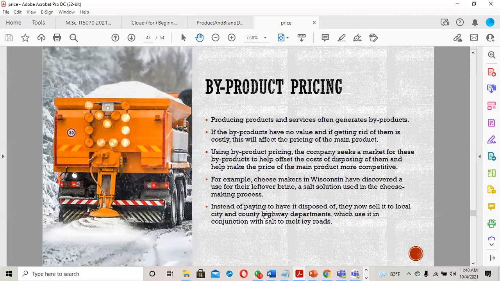Okay, so here they are describing the cheese making process where they produce some brine, so they can just give this brine to the city, county, highway department so that they can use it to melt the snow. Okay, so that is making use of your byproducts. They can just sell it to these county highway departments at a reasonable price.